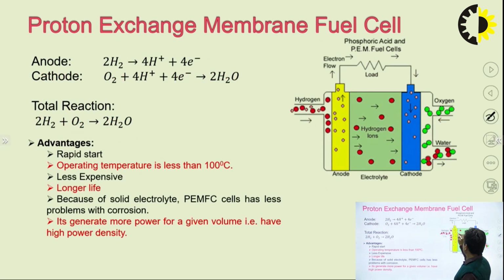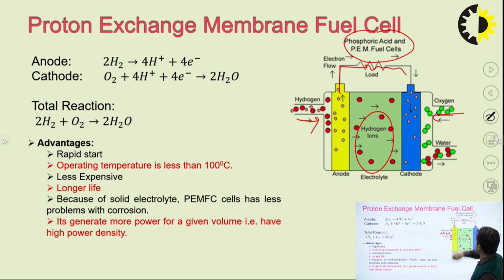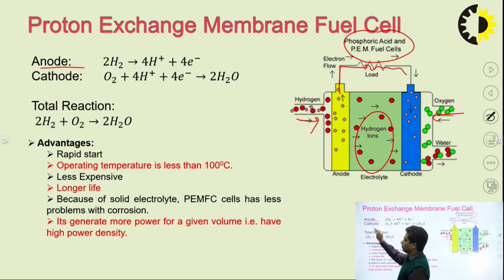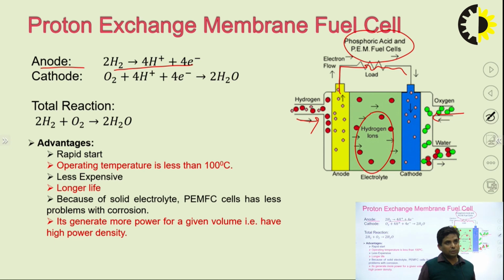So, those are the equations. Again, hydrogen at the anode, oxygen at the cathode, electrolyte, and their chemical reactions. Phosphoric acid is used as the electrolyte in this fuel cell. What are the anode side reactions? Hydrogen breaks into hydrogen ions plus electrons, and that is the chemical reaction.